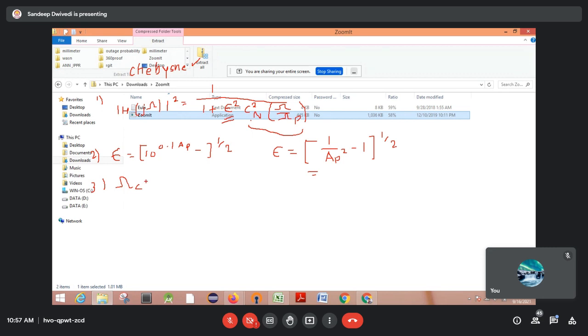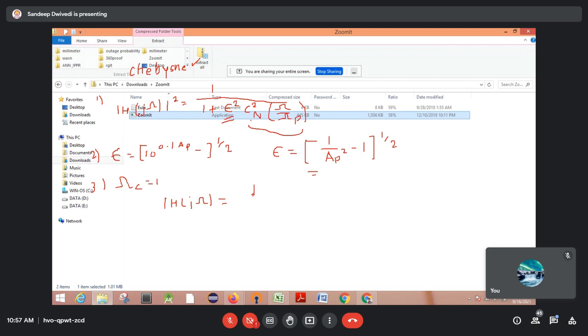If cutoff frequency is 1, then the magnitude of the frequency response H of j omega, in some books written as e raised to power j omega, same thing, that is the frequency response.